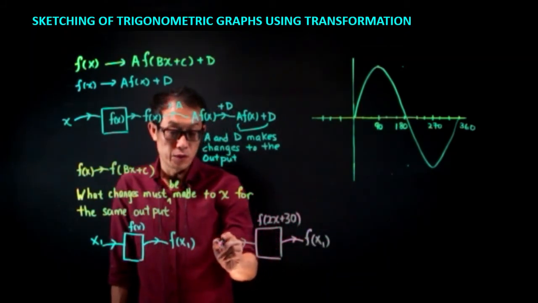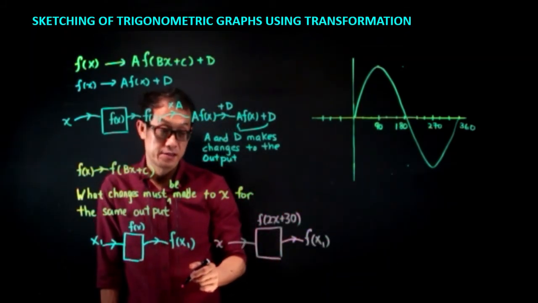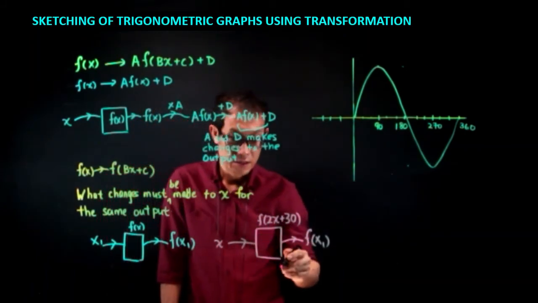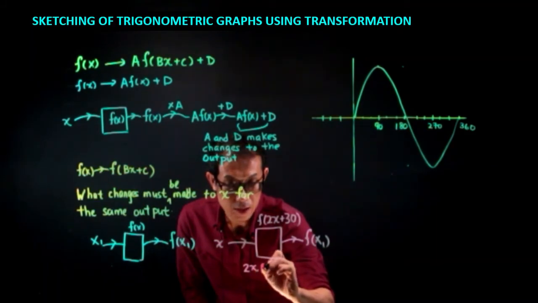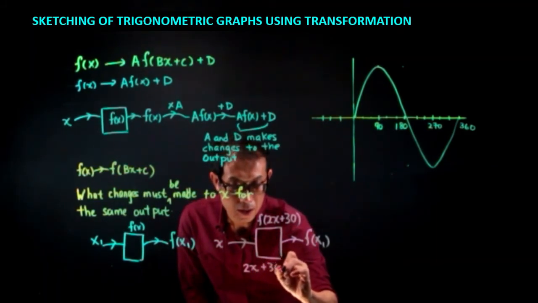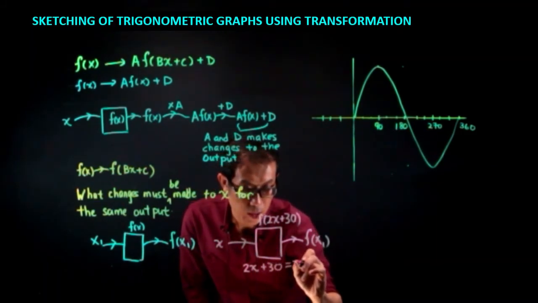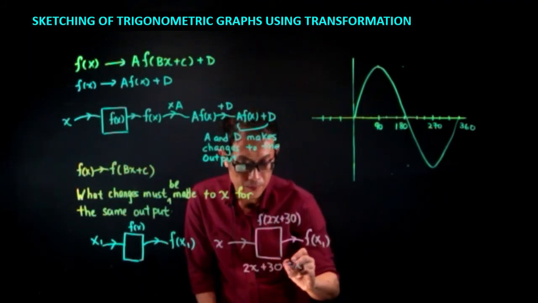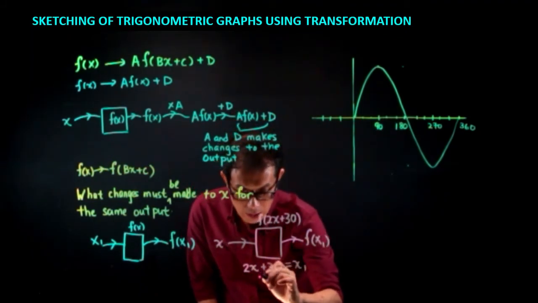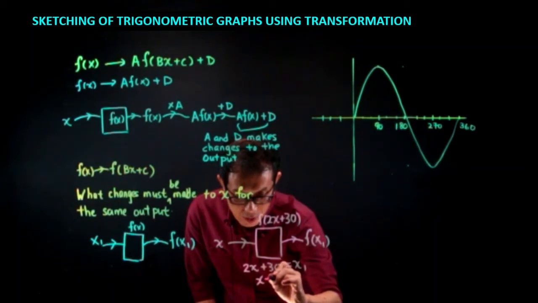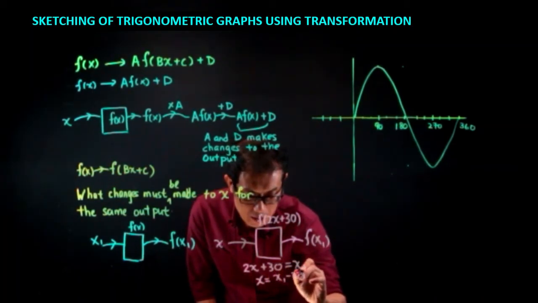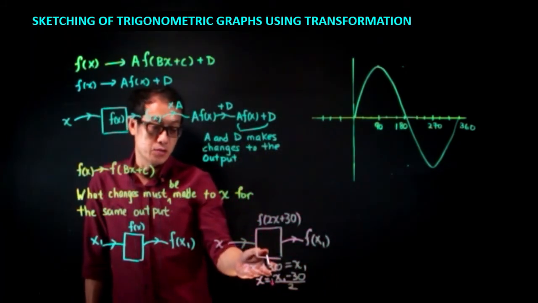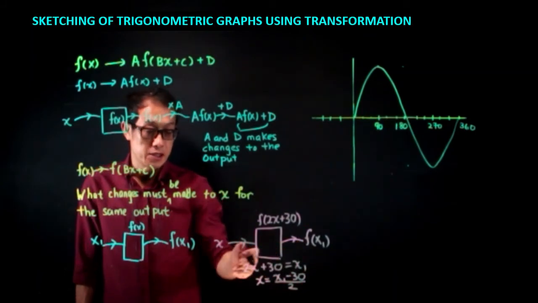What is the value of x in terms of x1? Now, 2x plus 30 equals x1, so x will be equal to x1 minus 30, divided by 2.